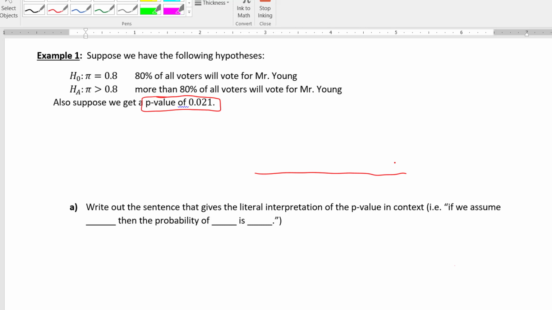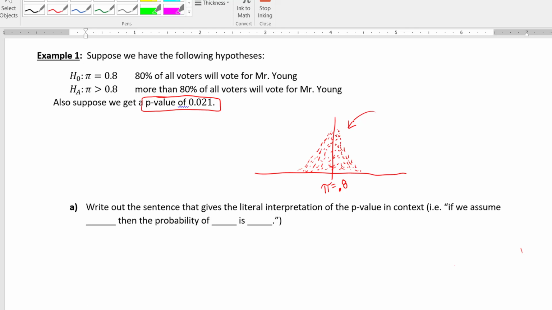When we create a null hypothesis that says pi is equal to 0.8, if we were to then create a distribution of sample statistics using a simulator, like our Rossmann chance simulator, we know that our null distribution would be mound-shaped like this, and it would have a mean of pi equals 0.8 because all your sample statistics would be near 0.8. We would expect to see sample statistics near 0.8.